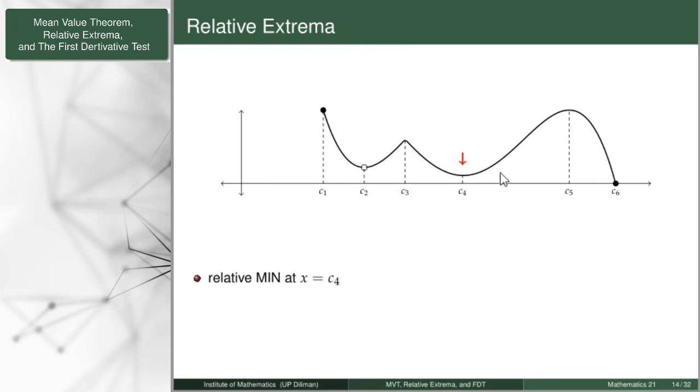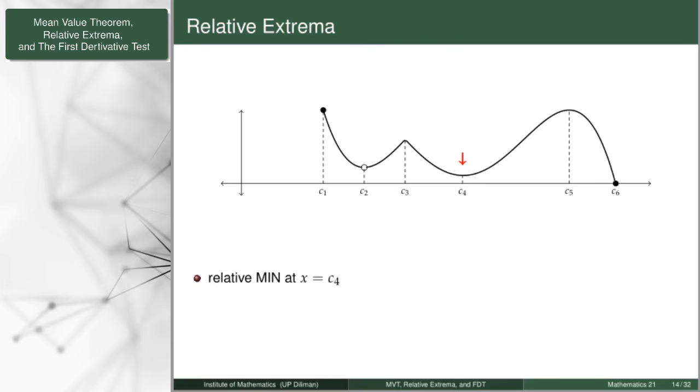A relative min is the same. A relative min will be a point such that if you make a ball, it will be the smallest in that neighborhood. Notice this value is smaller than the value at this point, but it doesn't matter because the word relative means the existence of some neighborhood where it is the biggest or the smallest.